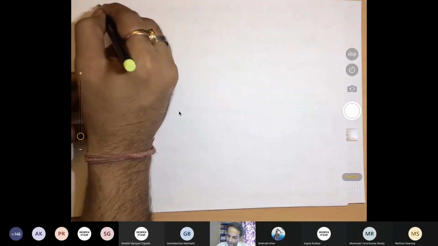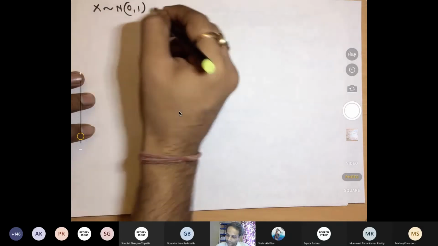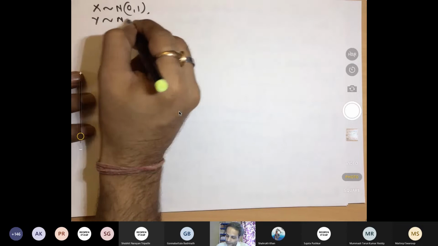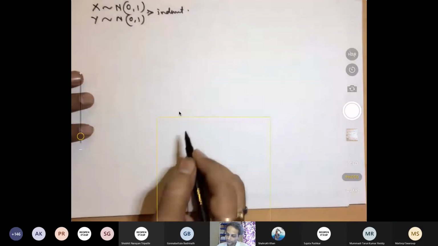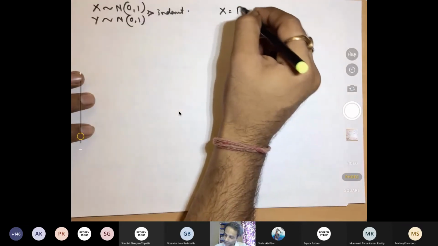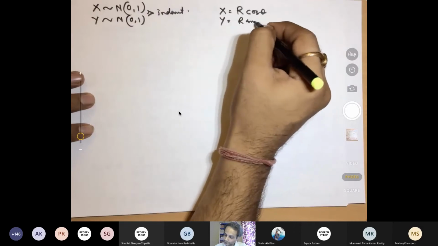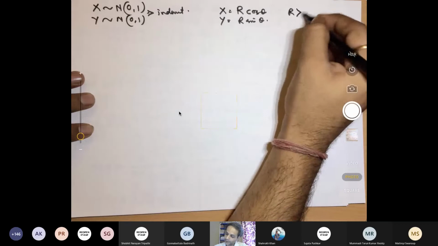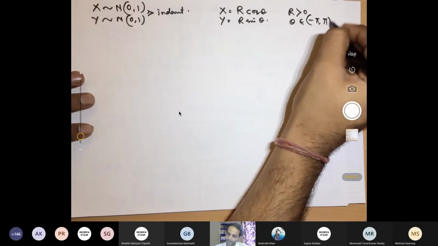So now let me tell you again. X is following normal 0, 1. Y is following normal 0, 1. And they are independent. Already you have considered this transformation: X equals r cos theta, Y equals r sin theta, r is greater than 0, theta belongs to minus pi to plus pi.